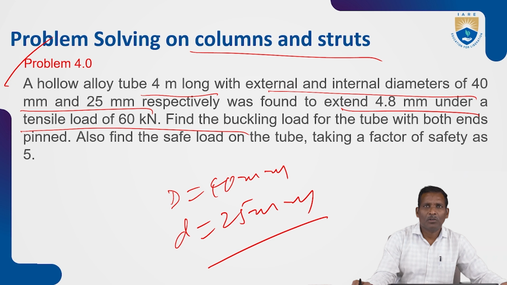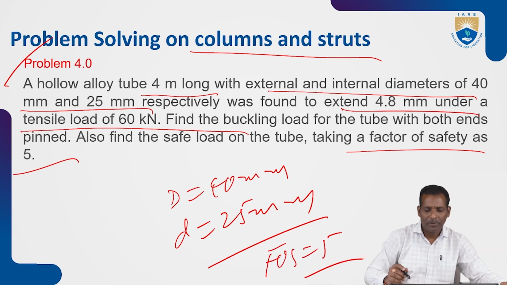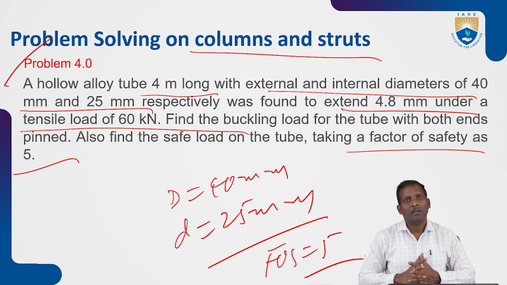So find the buckling load for the tube with both ends pinned. So also find the safe load on the tube taking a factor of safety as 5. So factor of safety also given 5 and find the buckling load.